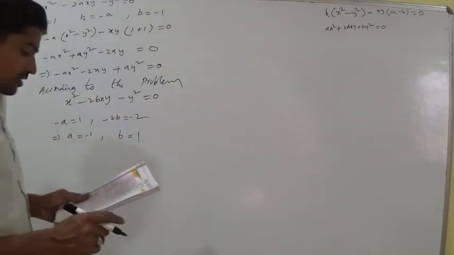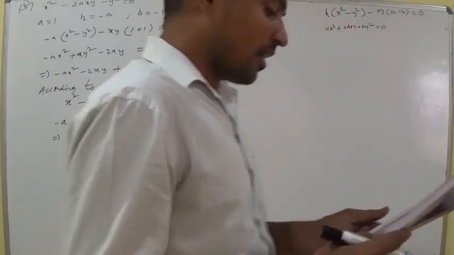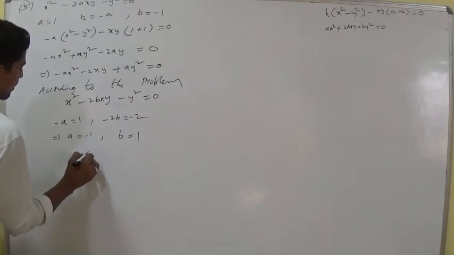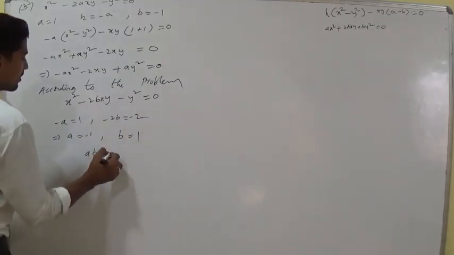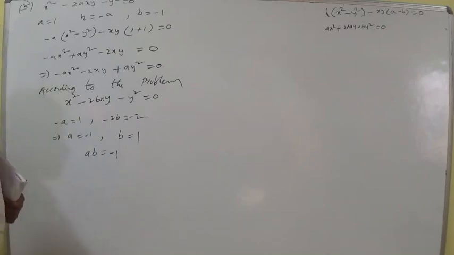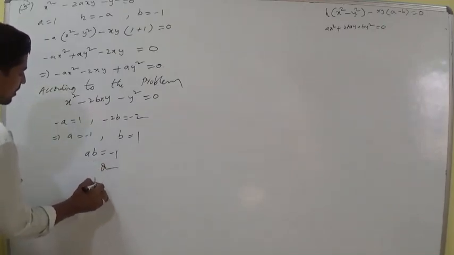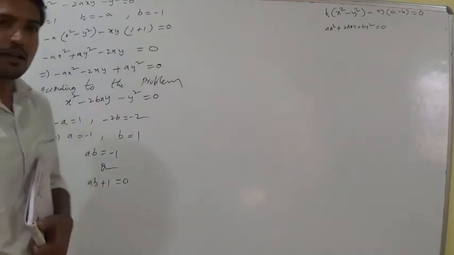But he wants the value, this is a multi-answer question, so the product of a and b. ab is equal to minus 1 into plus 1, which is equal to minus 1, or ab plus 1 is equal to 0. Clear?